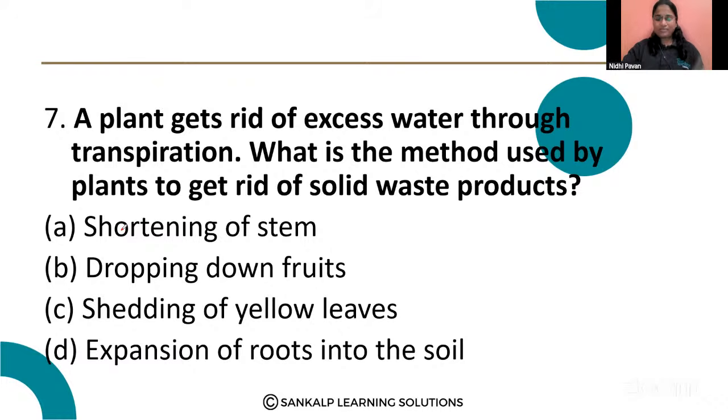Shortening of the stem, it becomes shorter. Dropping down of fruits, the fruits fall. Shedding of yellow leaves, the leaves fall off. Expansion of roots into the soil, root expansion increases.